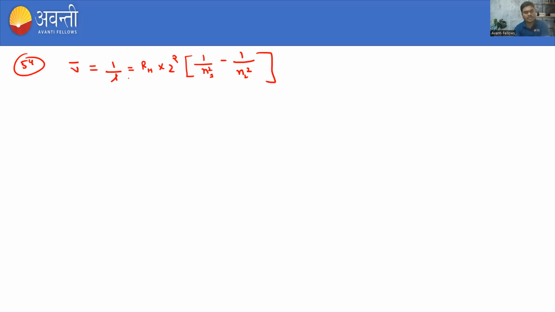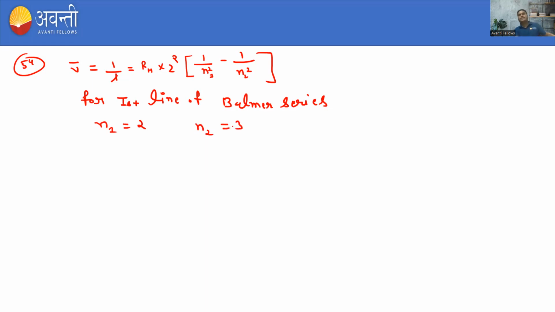Now, for the first line of Balmer series, what is N1? For this, N1 is equal to 2 and N2 is equal to 3. This is what we have.